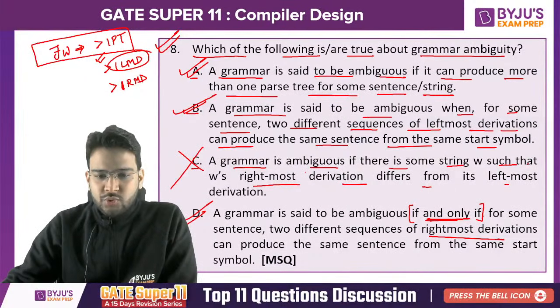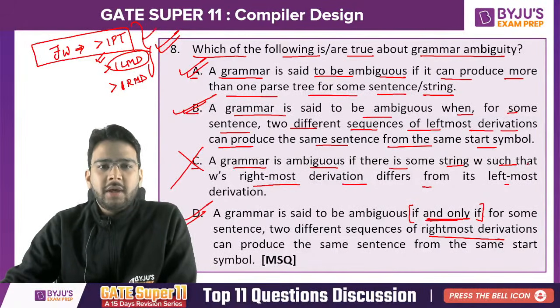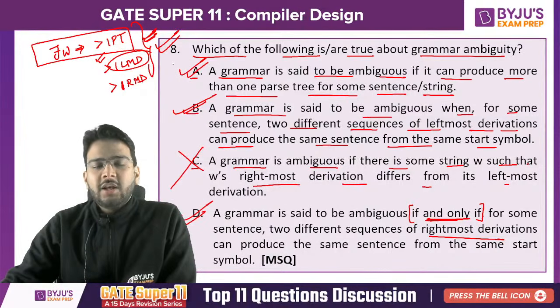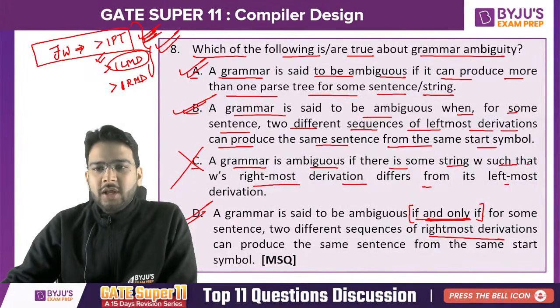What if it has two or more LMD but not RMD? Still it is ambiguous. Yes, definitely, any of these will make it ambiguous. Clear? So according to this one, since if and only if is mentioned, we can ignore this.